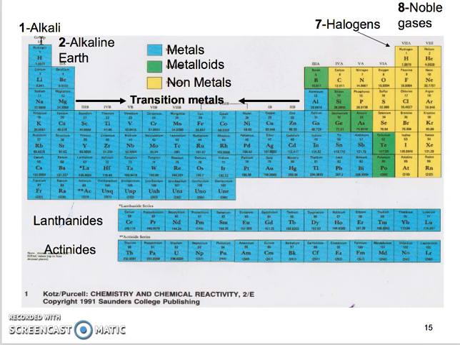Now what we've just said is that as you go across a period, it's using the same shell number. So if we look at this first period, these ones have only used the first electron shell, the first energy level. These ones here have used the second energy level, the third energy level.